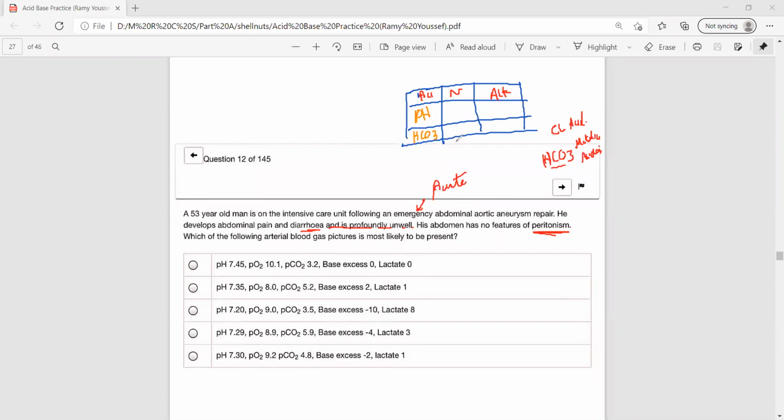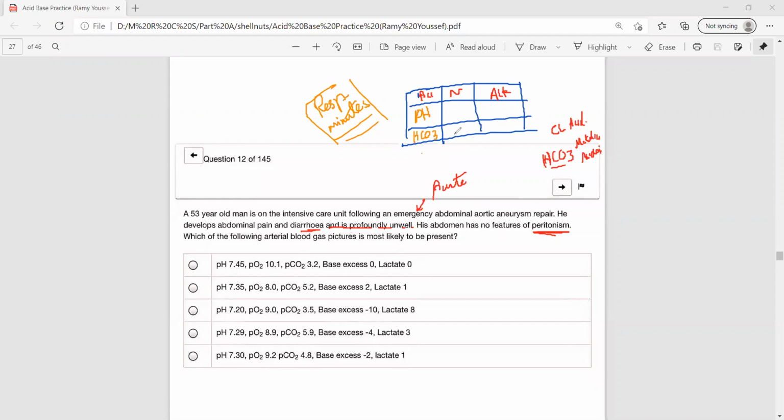CO2 might be normal. I told you that respiratory compensation happens within minutes, so it could be normal, or it could be high.